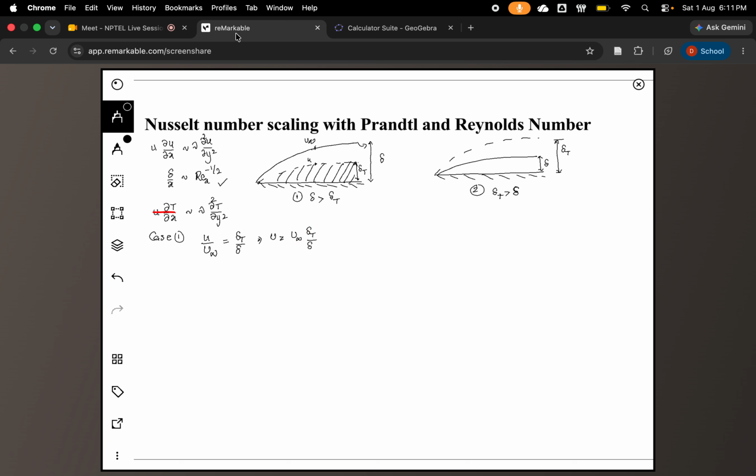Now if I substitute that back in the scaling analysis, I'll have u infinity times delta t by delta, del T by del x, with delta t divided by x scaling as, sorry, in the energy equation we'll have alpha, the thermal diffusivity, times delta t. Again, this equation is only valid in the thermal boundary layer, so I should be using the corresponding length scale for y, which is delta t.